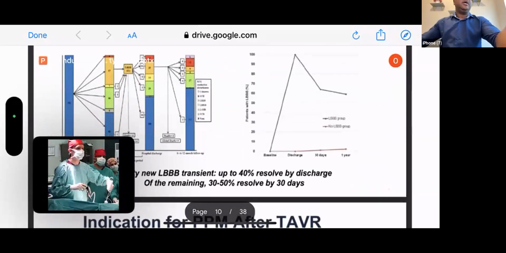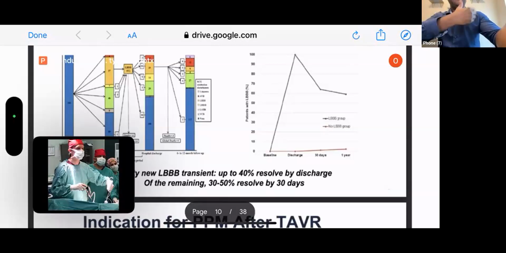For the next slide, I just wanted to highlight that the majority of new left bundle branch blocks are transient. Up to 40% of them resolve by the time the patient is discharged. And even among those discharged, of the remaining 60%, about 30 to 50% resolve by 30 days.